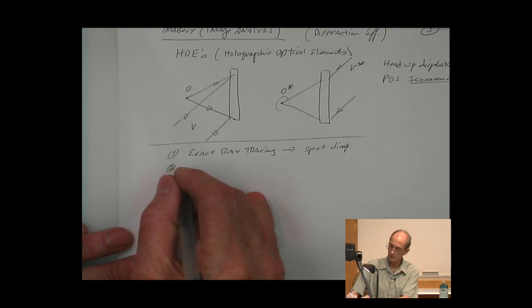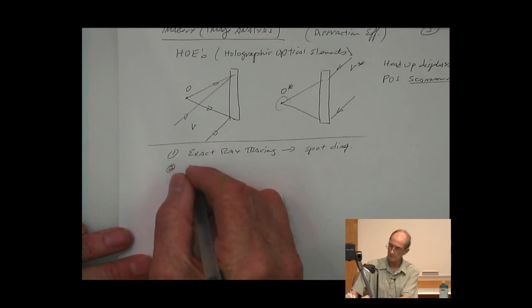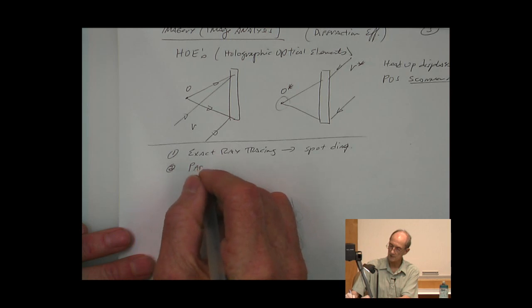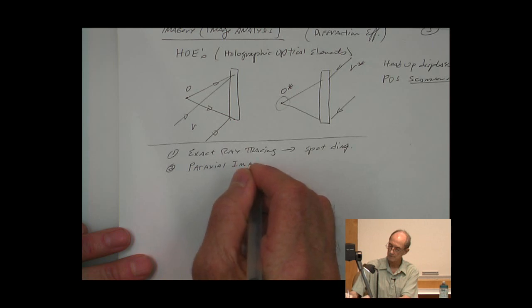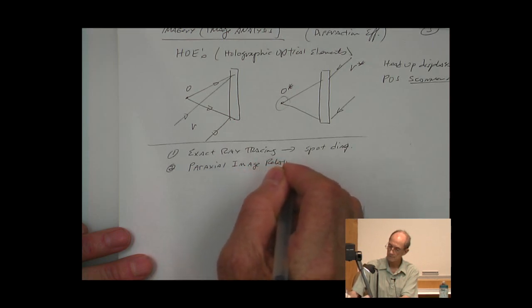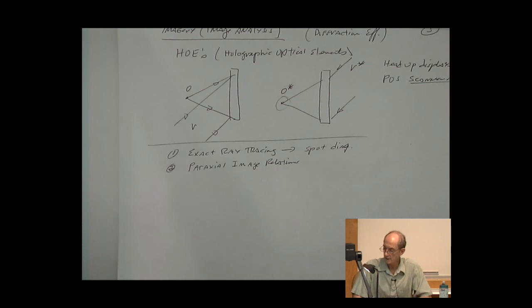Then what we'll do here is to set up a set of paraxial image relationships. If you've studied some geometrical optics, you know that having the paraxial image characteristics is extremely useful in doing any sort of image analysis. It gives you the first order characteristics of that imaging system and a basis for how to develop it into something more extensive.